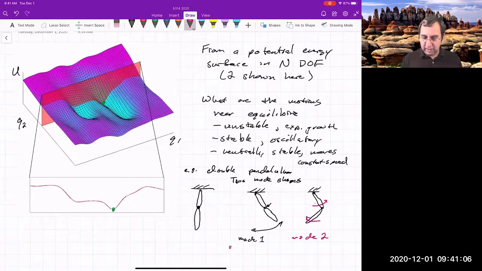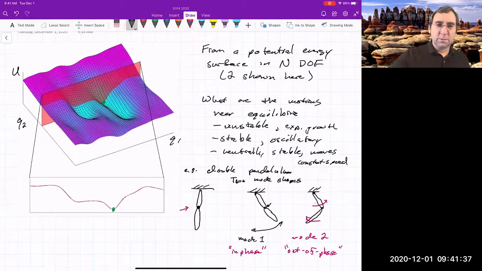We might call this the in phase mode and this the out of phase mode. The names you give things depend on the context. And any small tap near equilibrium, some initial condition near equilibrium, the motion will be some superposition of these 2 modes.